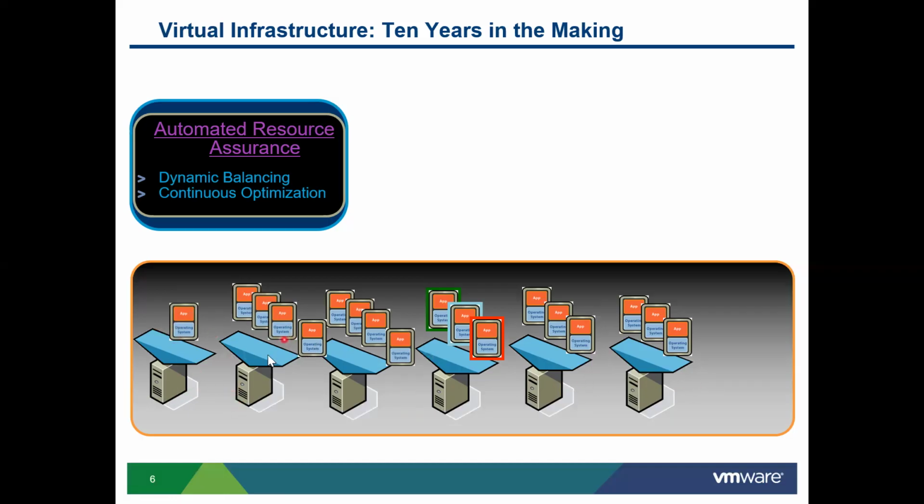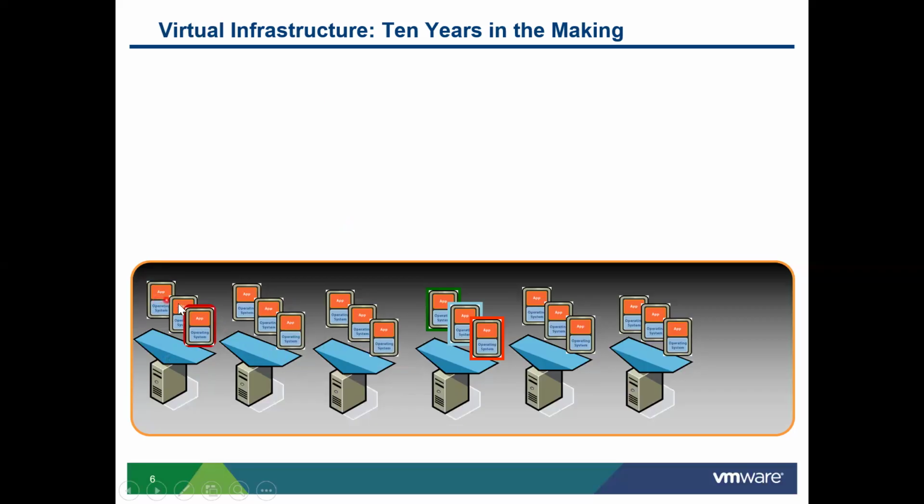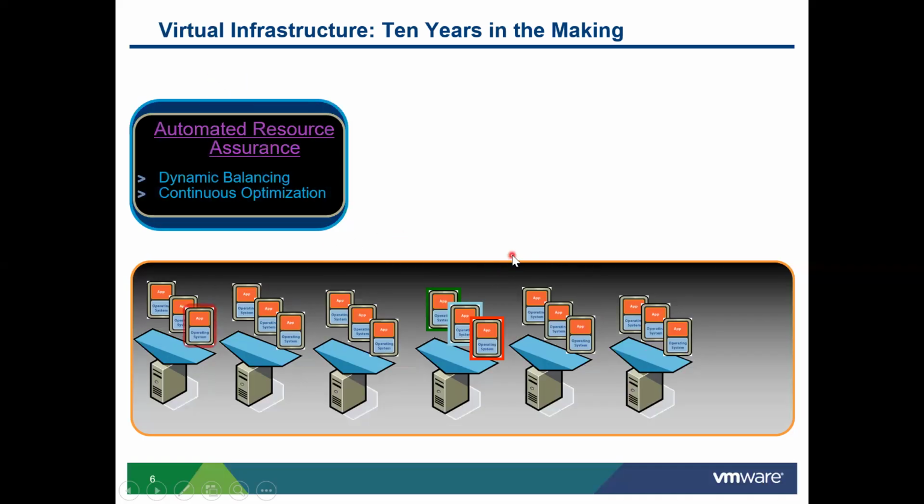In each ESXi, you are seeing one symbol, an app operating system, that is called a virtual machine. In the first ESXi we have 3 virtual machines. In the second 3, third 3, and so on. In each ESXi we have 3 virtual machines. And in VMware, we have a main feature called automated resource assurance, dynamic balance.